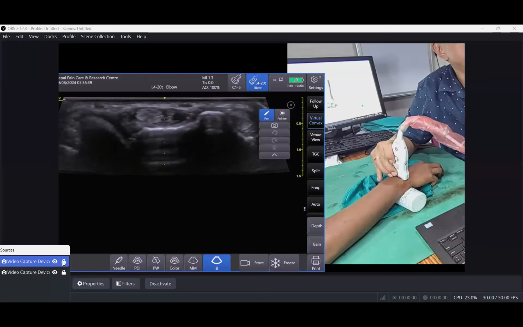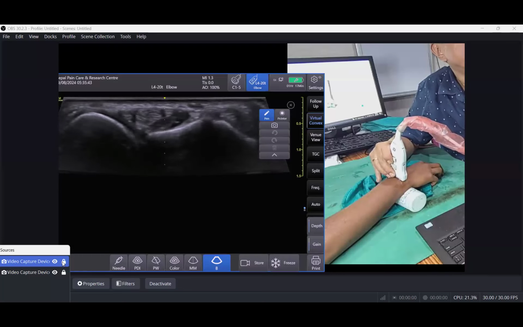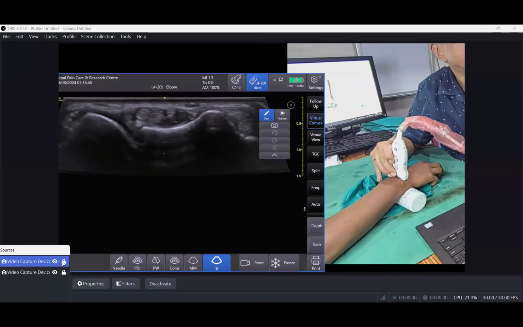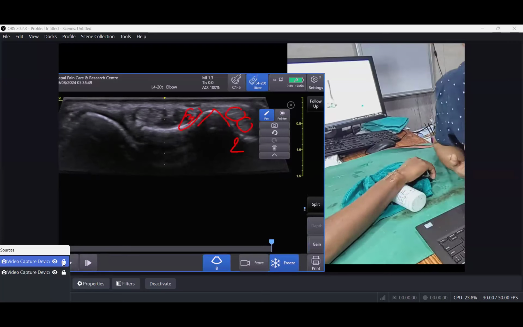Okay, so I'm going to freeze here. Suppose this is Lister's tubercle. This is compartment number 2. This is compartment number 3, a small muscle, just one tendon, that is extensor pollicis longus.